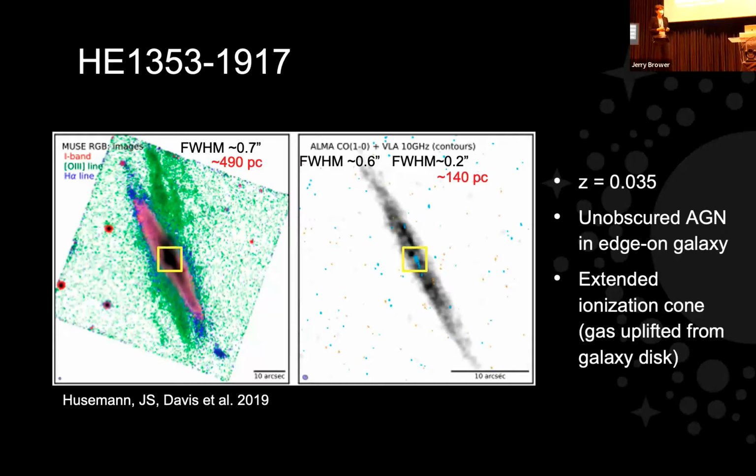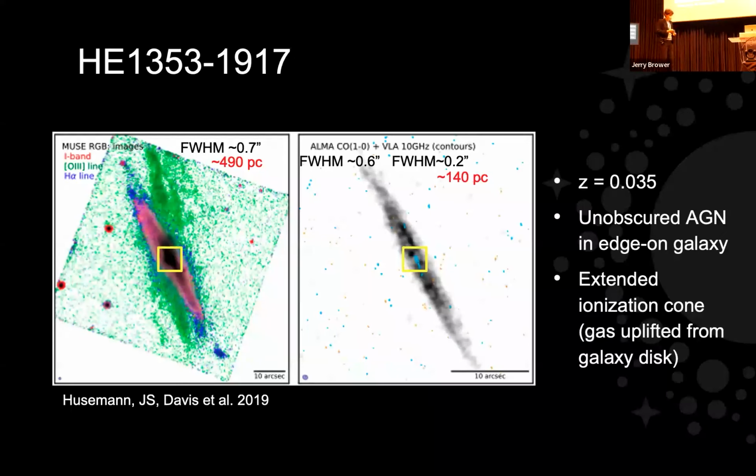However, interestingly, we also see now, looking at the VLA contours in blue overlaid on the ALMA image, that there is an extension in the VLA contours, which may suggest an AGN jet. And we have been focusing on that region with NIFS, which is the field of view shown in yellow here.